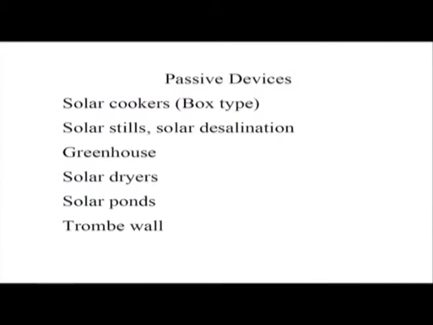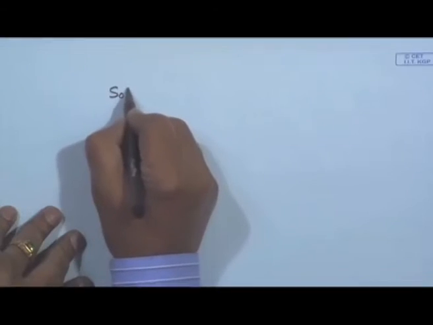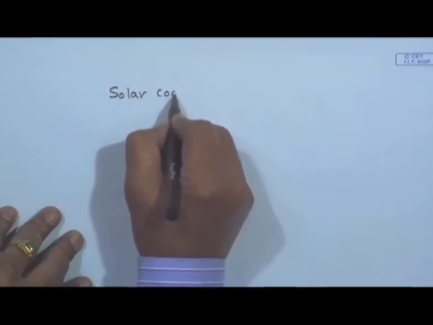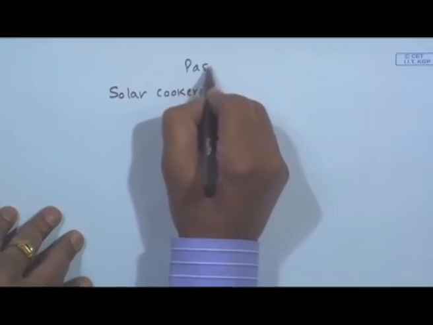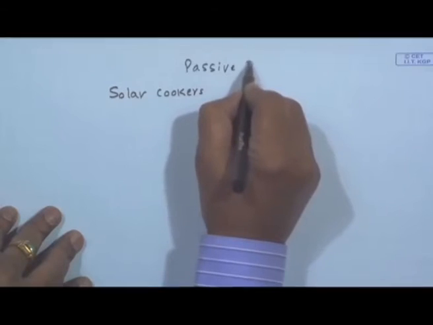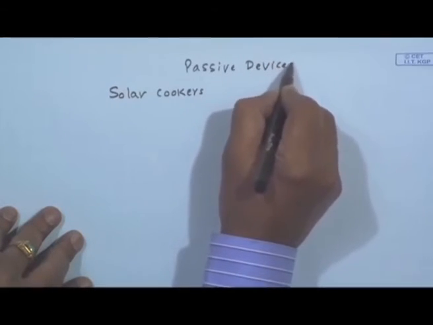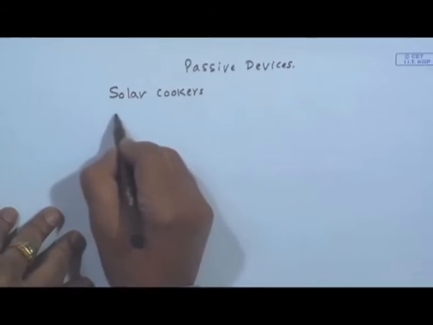Then we considered passive systems, and we also recognized there is no strict demarcation of passive devices and active devices, but nevertheless the following: solar cookers, and solar stills.